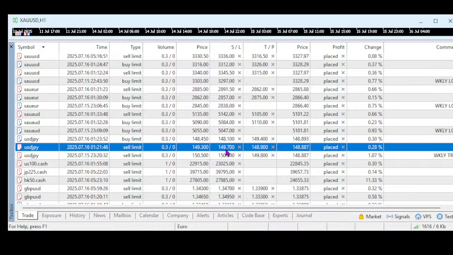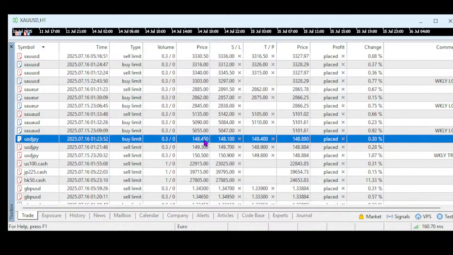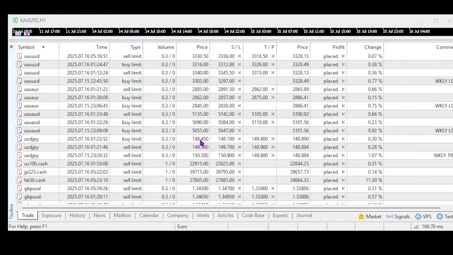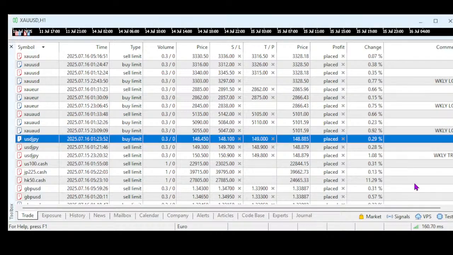Sorry, 148.90. Then we have 148.45. So this one, I think we'll put expiry. Actually, we can put it today, but the exit should be 149 because this is a scalping entry.